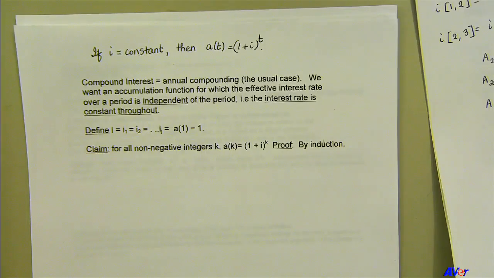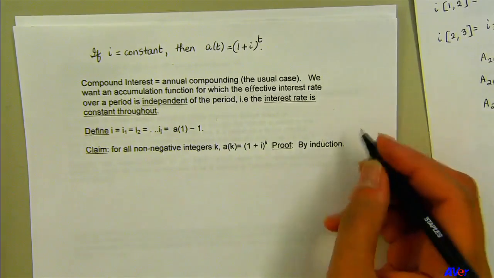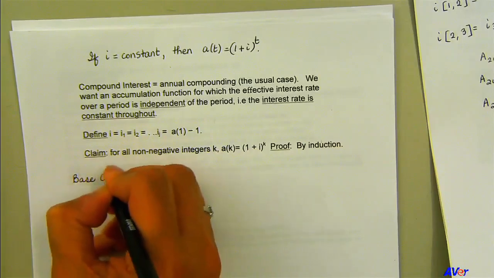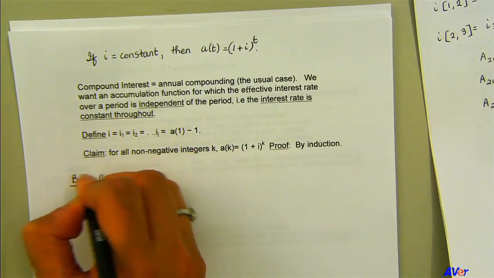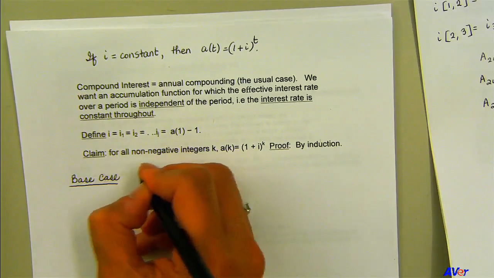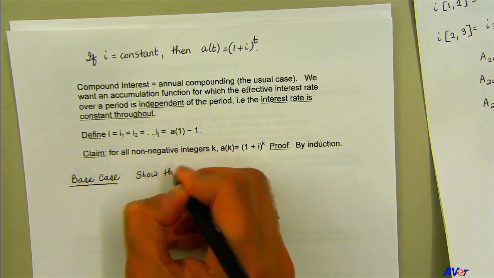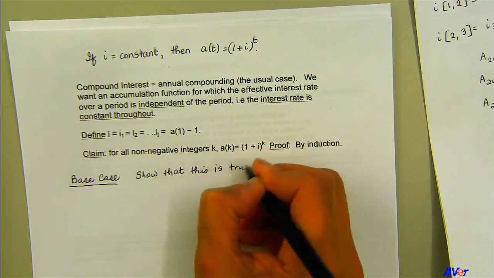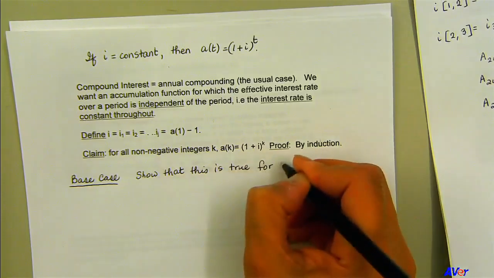We need to prove this by induction. Do you remember your induction? So, first thing to do in induction is the base case. The base case is to show that this is true for t equals 0.